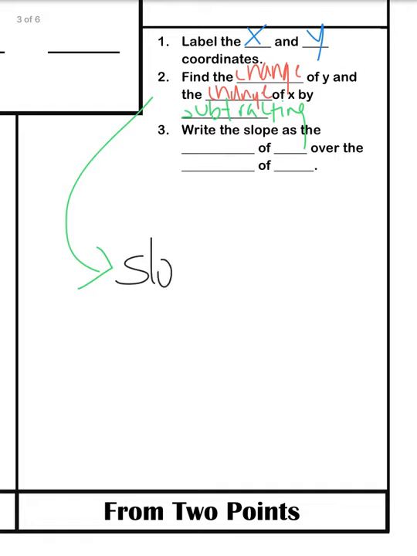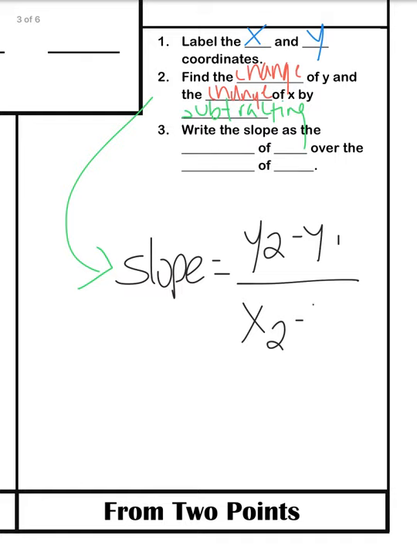Slope equals y2 minus y1 over x2 minus x1. And right now you might be thinking, what does that mean? Well, if we remember from our other parts of this worksheet, we know that y goes on the top, x goes on the bottom, and all we're doing is trying to find the change in y and the change in x.